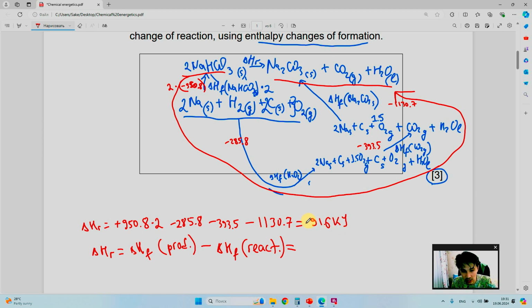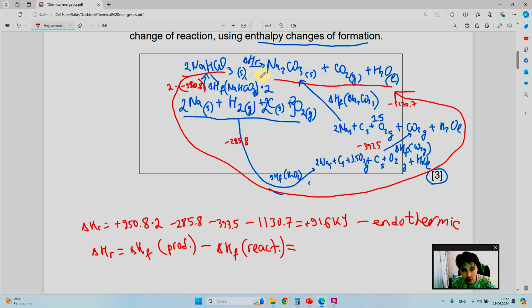As you see, this is a positive value, meaning that this reaction is endothermic, and we can look at our equation and ask ourselves, is it really endothermic, or maybe it's exothermic? Did I confuse myself by putting this formula in the wrong way?